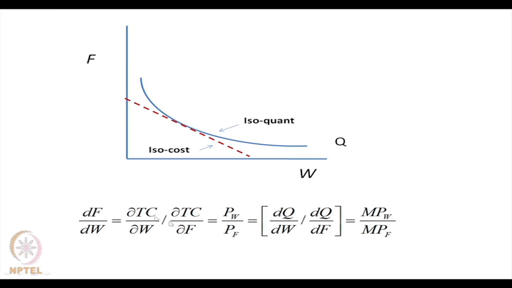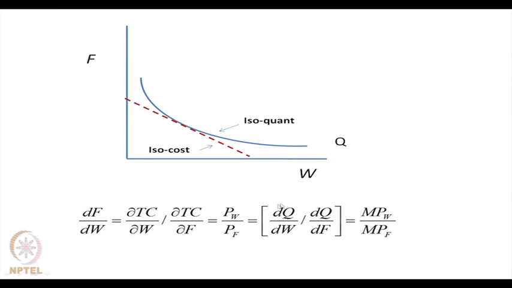So, df comes here, dw remains in the denominator, and this is nothing but the price of water against the price of fertilizer, and this is also equal to df/dw, which is the slope of this isocost line. This is also the slope of the isoquant line at this point. So, that is equal to dq/dw divided by dq/df.